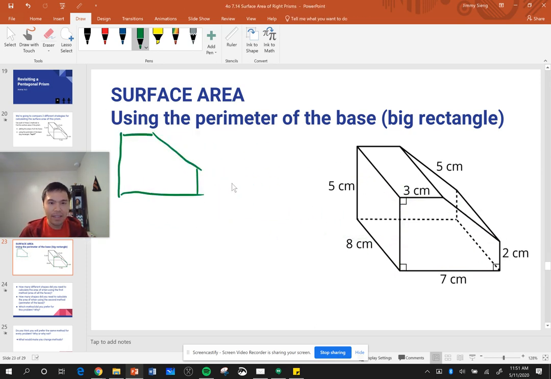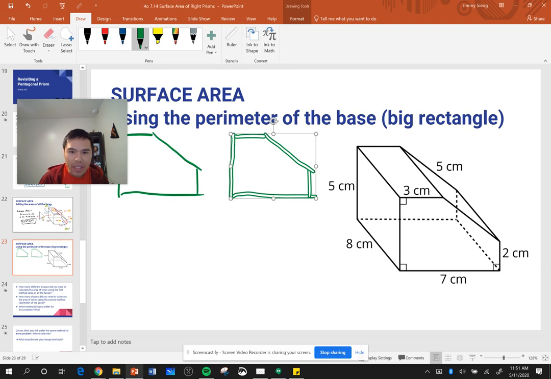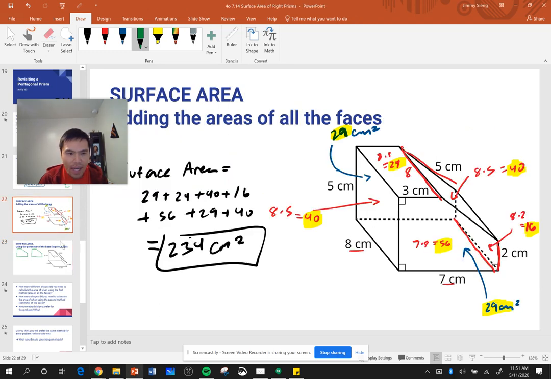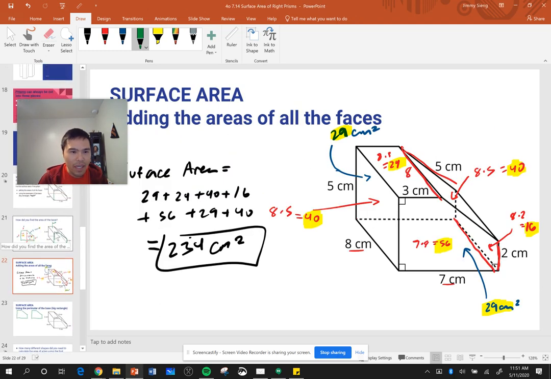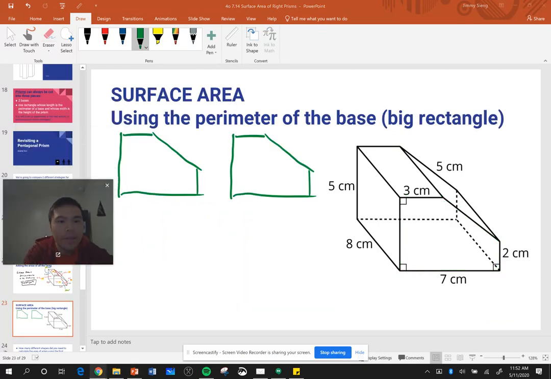I have that face and the back face. Well, we said both of those were 29. Yep, 29 centimeters squared.